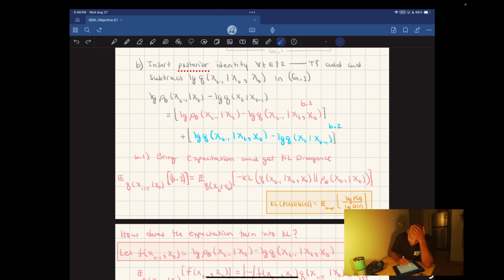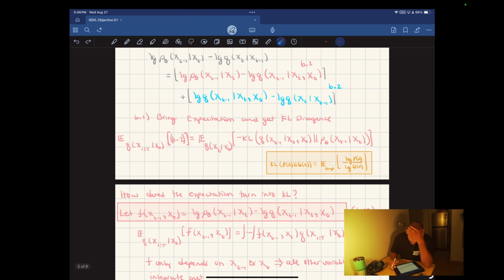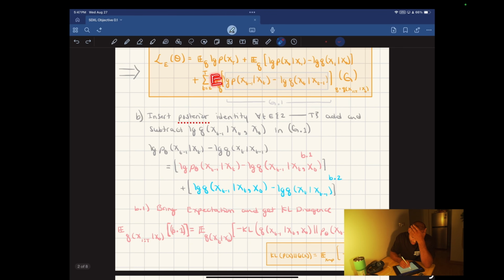So that's why I can just introduce this in here and then group this and group this, right? So this is this, and this is this. And then I'm just inserting the posterior identity between. I'm going to call this B.1, and I'm going to call this B.2. Okay, so now this expectation is wrapping this and this.